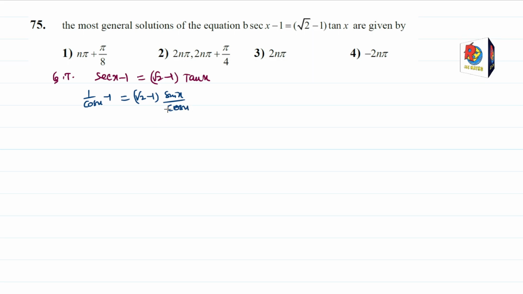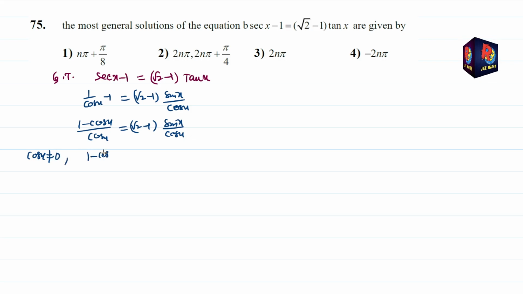Then here you can observe, I can take the left hand side and take the LCM: 1 minus cos x by cos x equals root 2 minus 1 into sin x by cos x. Here cos x is not equal to 0, that you need to remember. Then cos x cancels, giving 1 minus cos x equals root 2 minus 1 into sin x.